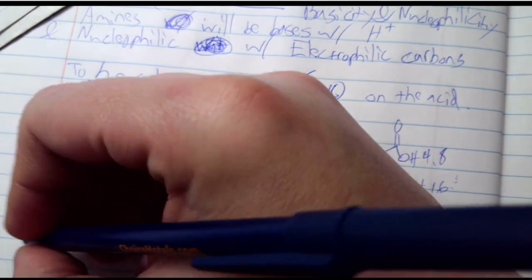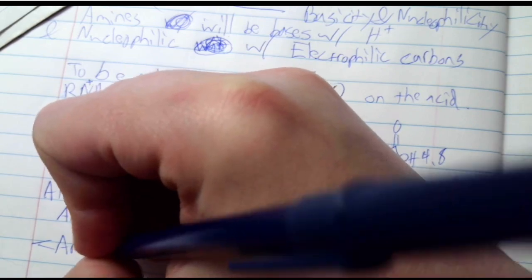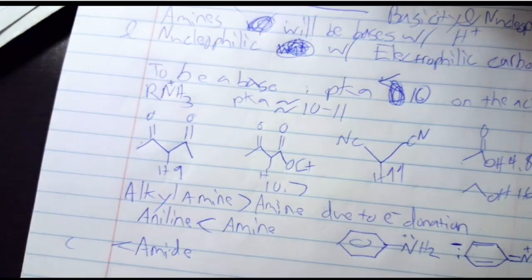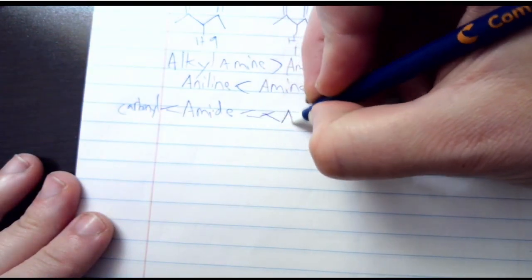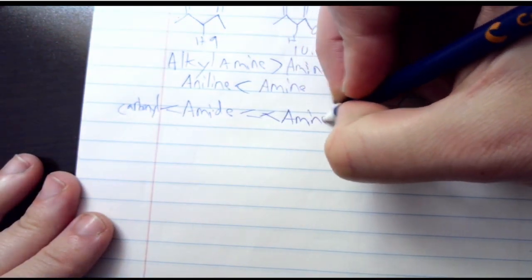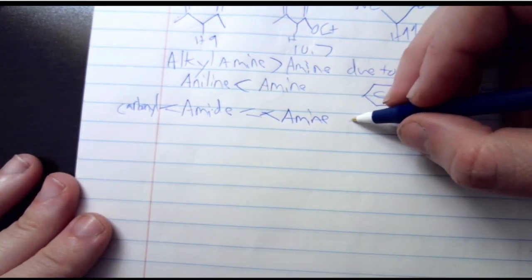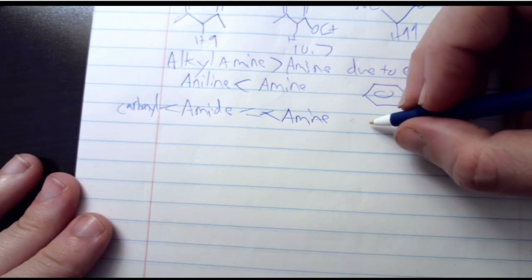But then we have amides. In terms of carbonyls, an amide is much, much weaker than an amine in terms of basicity due to delocalization.